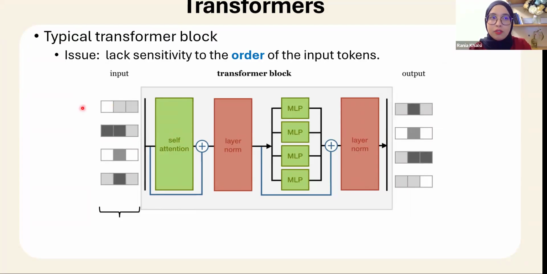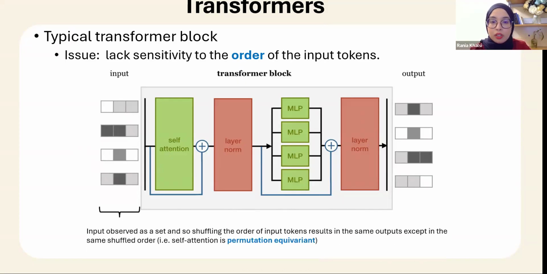So here, "hi" is a token, "how" is a token, "are" is a token, and "you" is a token. This issue arises when we consider the order, which is very important in a sentence.